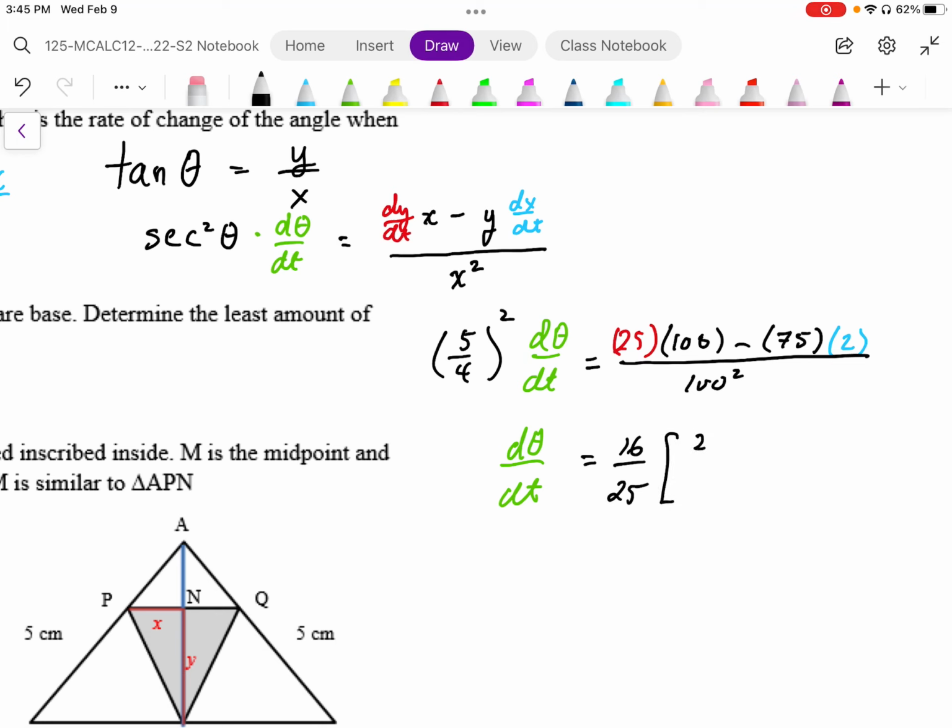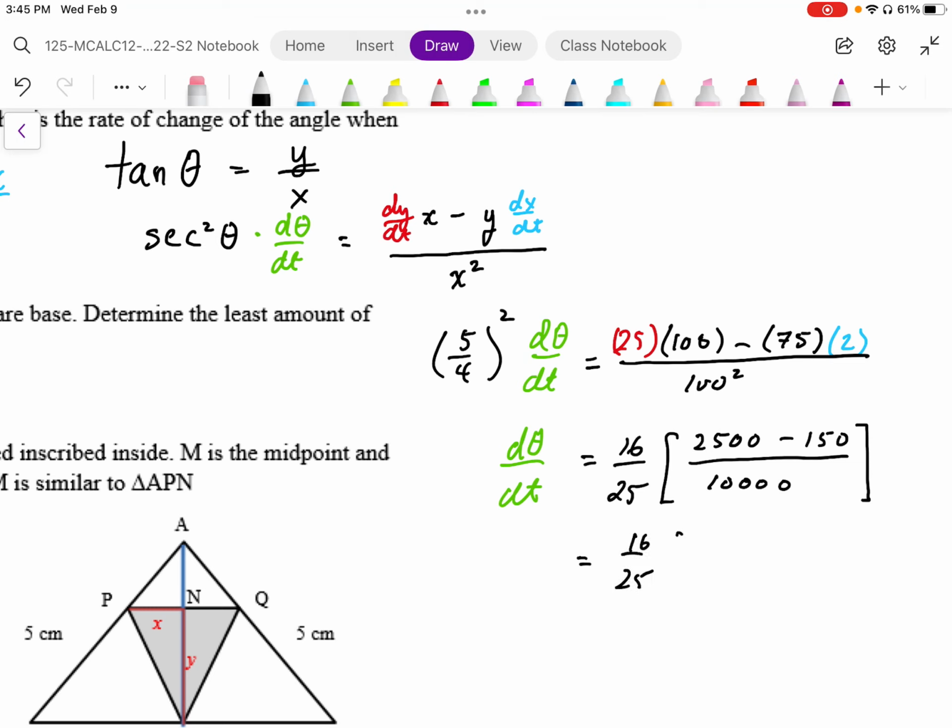I'm going to work this out as 2500 minus 150, and that's going to be divided by 10,000 when I square 100.